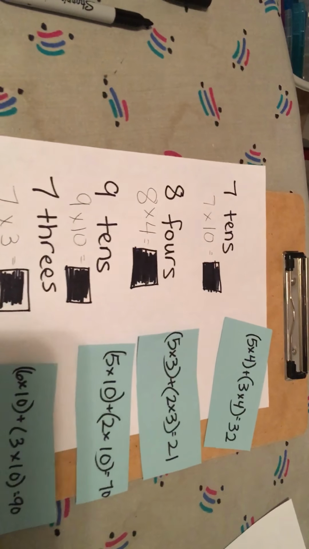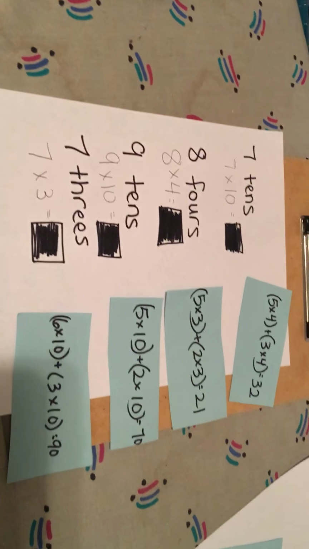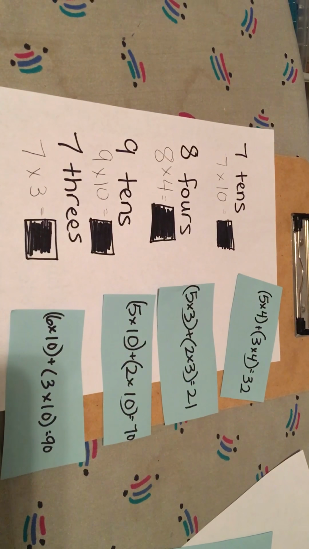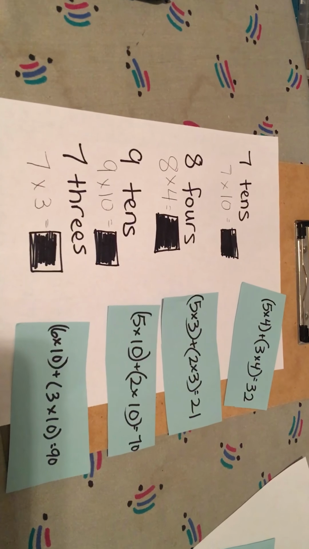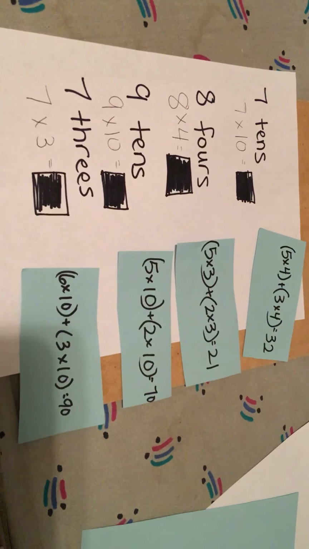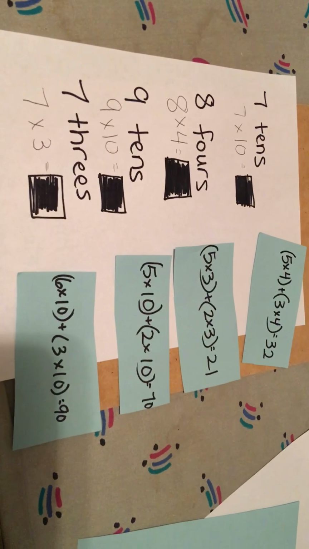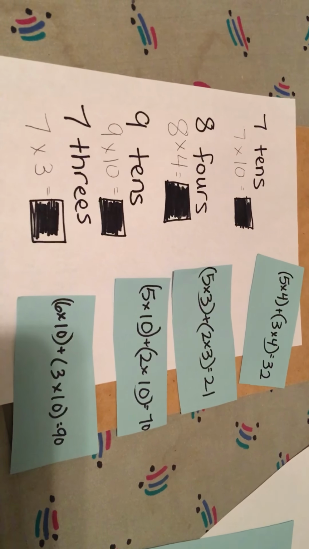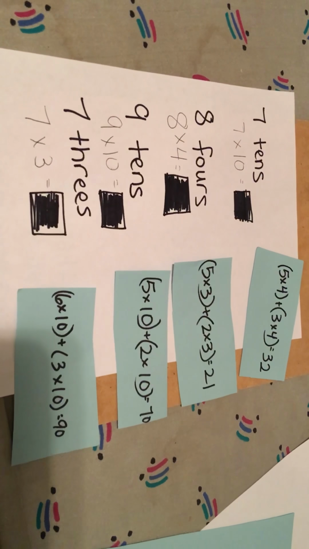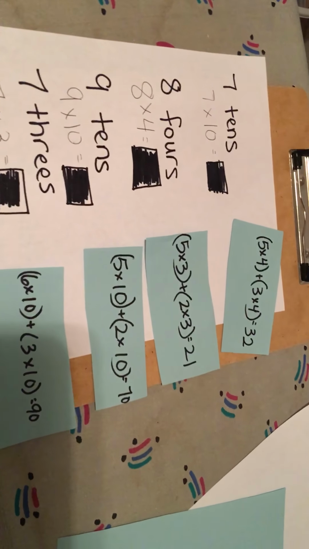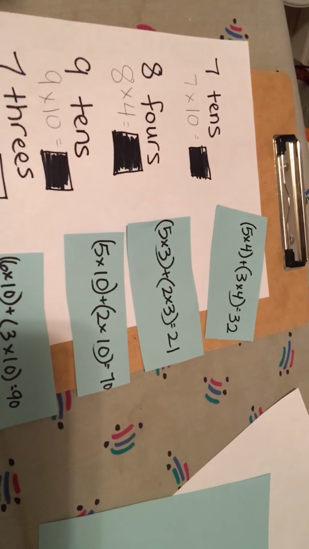That would be 7 times 10, and I did a shaded box for my unknown. 8 fours would be 8 times 4. 9 tens would be 9 times 10. And 7 threes would be 7 times 3.